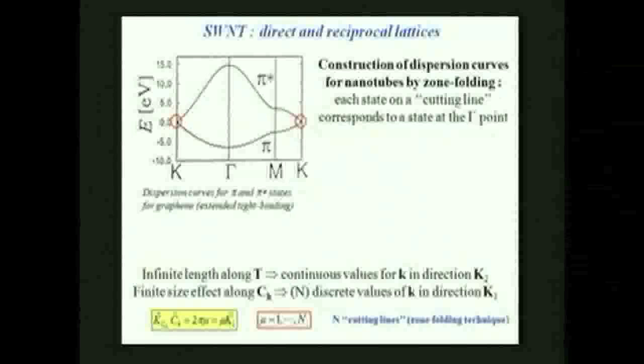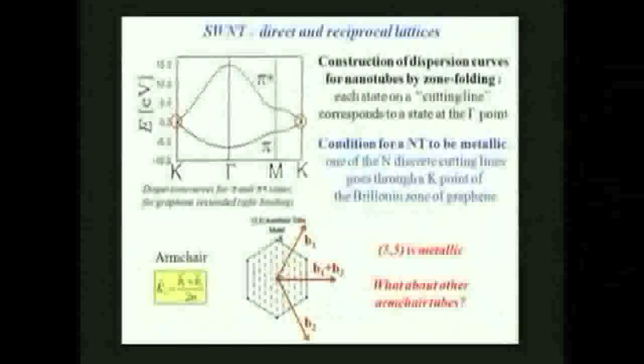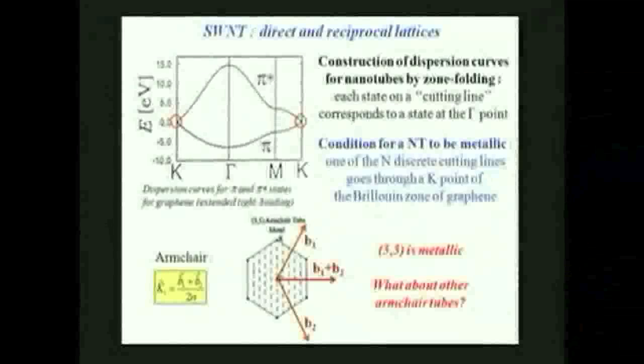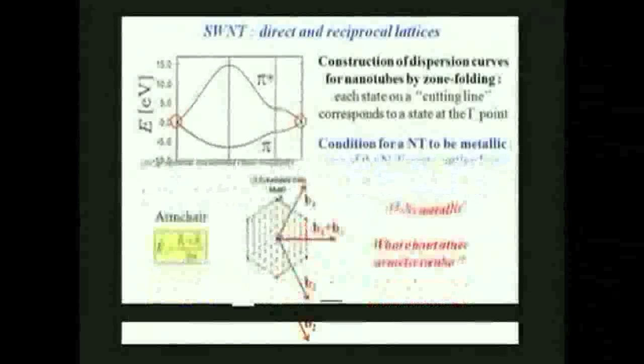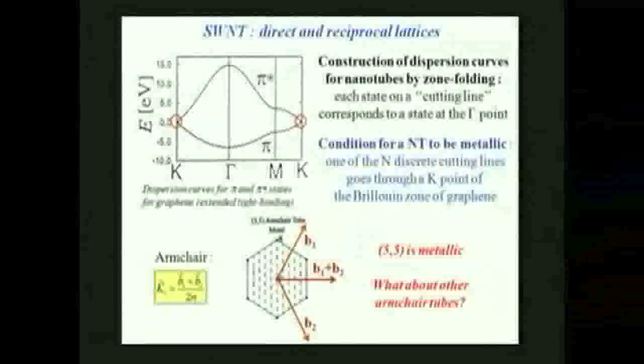So let's do that together. Let's start first with armchairs. So in the armchair case, we define different things. We find that the armchairs all correspond to n equal m nanotubes.